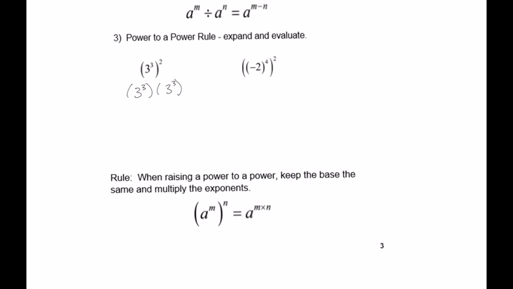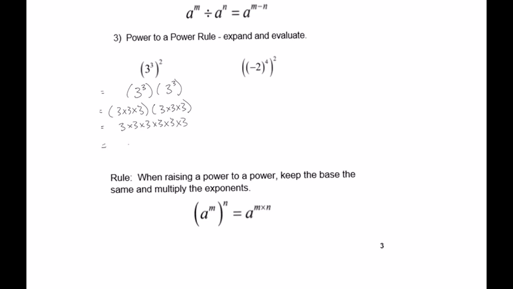So now we know that 3 cubed is the same as this: 3 times 3 times 3 in brackets, and then we're also multiplying by 3 times 3 times 3. But isn't all this multiplication? So this really means 3 times 3 times 3 times 3 times 3 times 3.